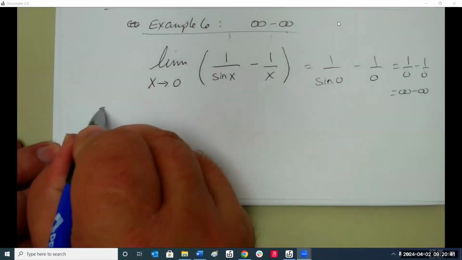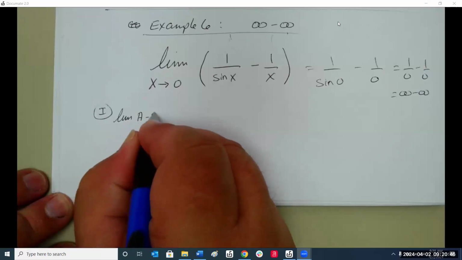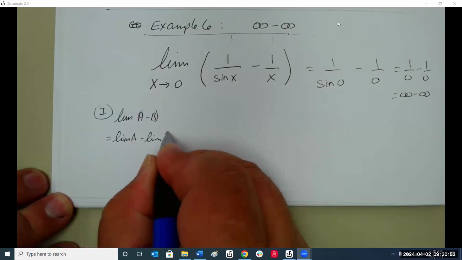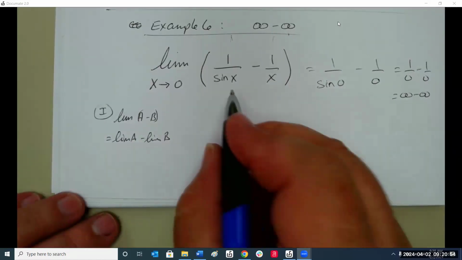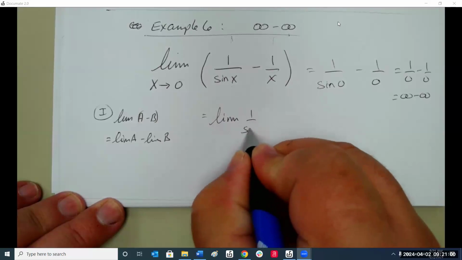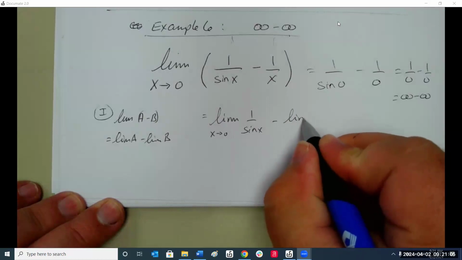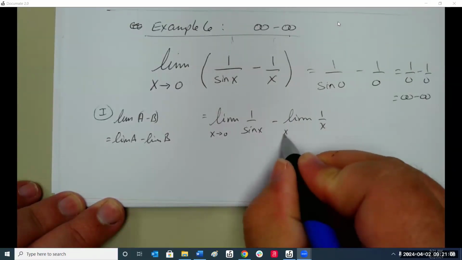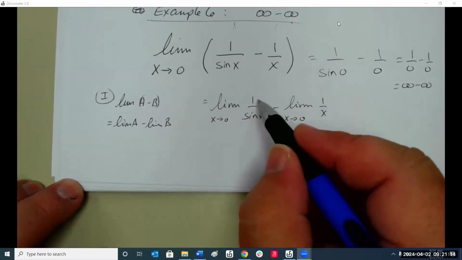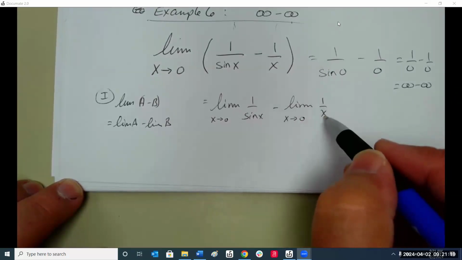The first way we're going to look at this is using the property that the limit of a minus b is the same thing as the limit of a minus the limit of b. So we can look at the limit of 1 over sine x as x goes to 0, minus the limit of 1 over x as x goes to 0. So it goes 1 over sine of 0, which is infinity, and 1 over 0, which is infinity.